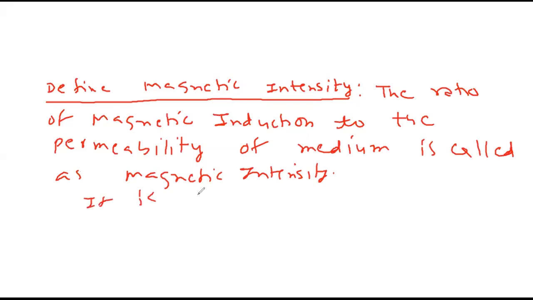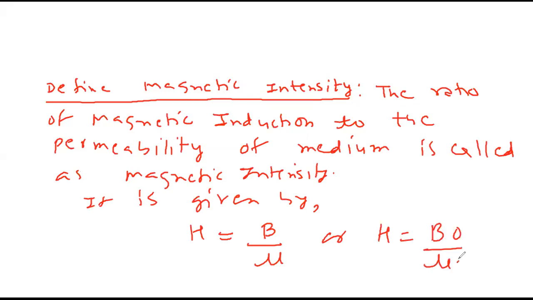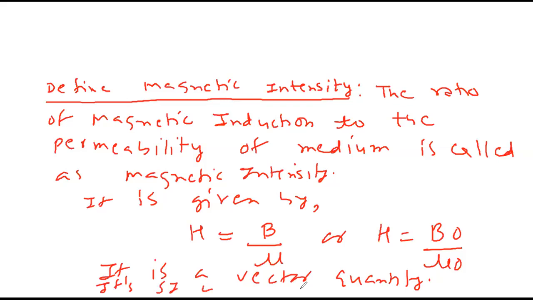It is given by H equals B upon mu, or H equals B naught upon mu naught. It is a vector quantity. Its SI unit is ampere per meter. Right, definition. Ratio of magnetic induction to the permeability of medium is called as magnetic intensity.